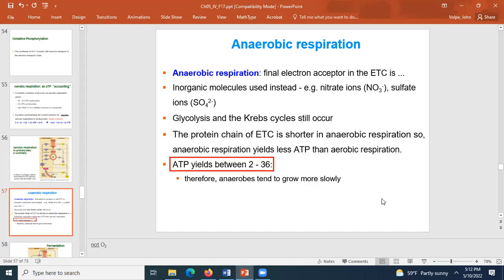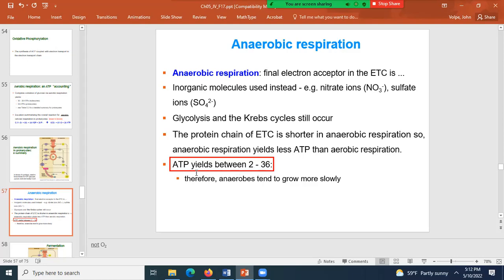The yield of ATP in anaerobic respiration is someplace between 2 ATP per molecule of glucose and 36 ATP per molecule of glucose.